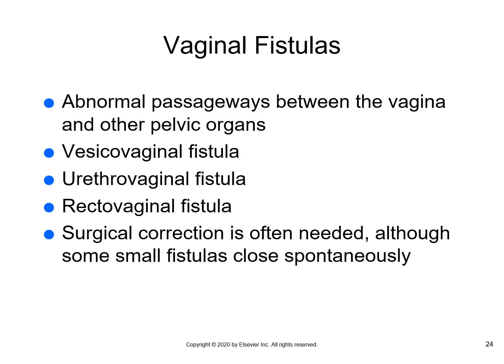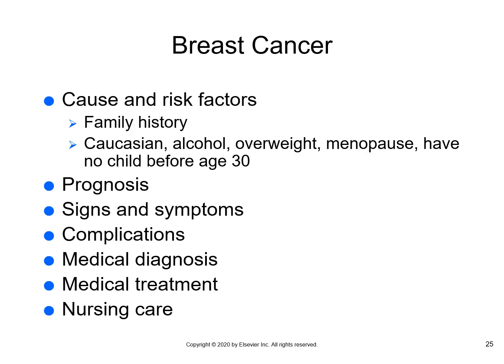The urethrovaginal fistula is located between the urethra and the vagina. Rectovaginal is located between the vagina and the rectum. Surgical correction is often needed, although some small fistulas.